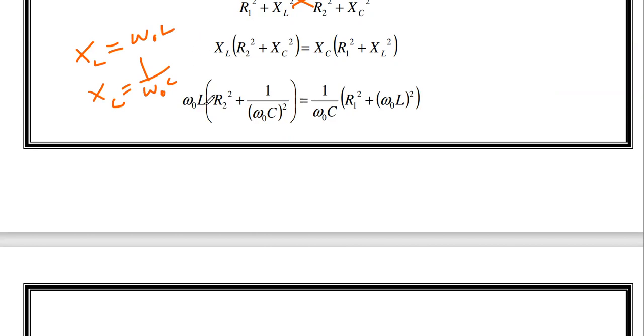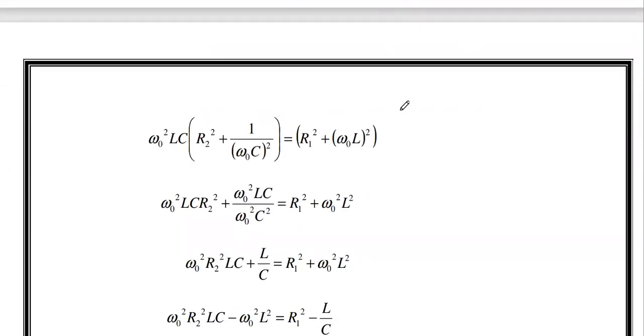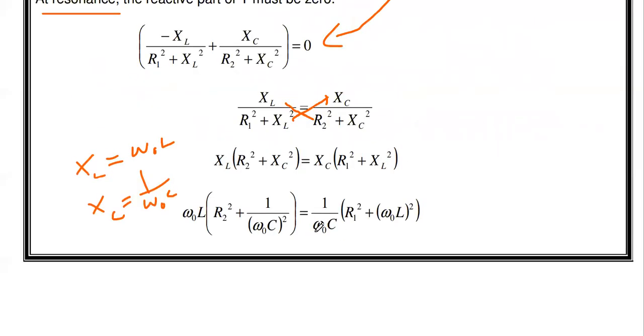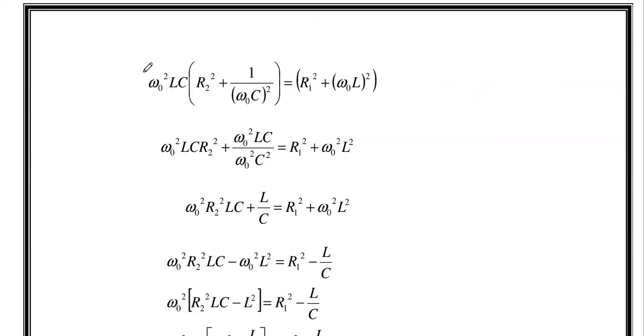So XL is omega naught L, XC squared means 1 by omega naught C squared. Similarly, XC is 1 by omega naught C, XL is omega naught L, the whole square. Then you multiply this omega naught C to this side. So omega naught squared LC into this equals this.